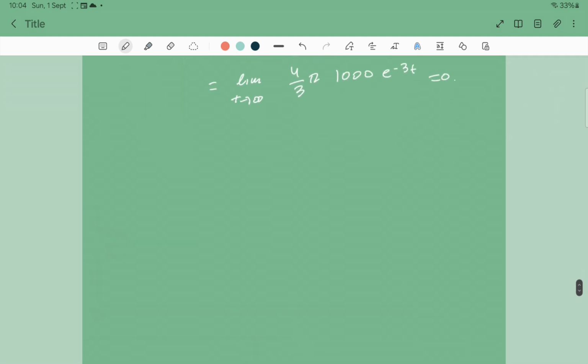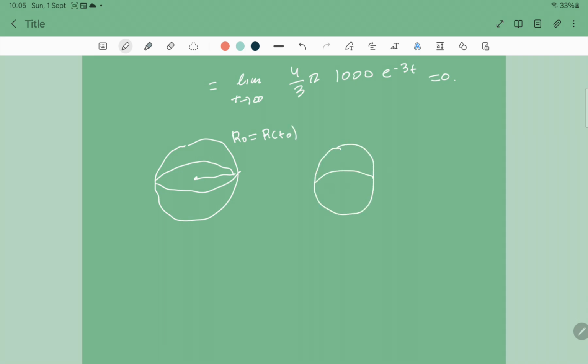So what this should be visually: you start with initial time t0, so this is the radius r0, r(t0) for t equal to 0, then the radius becomes r1, it is becoming smaller, r1 equals r(t1).